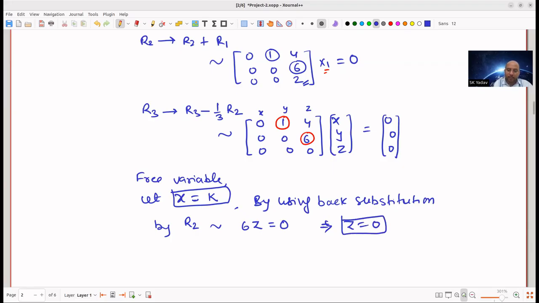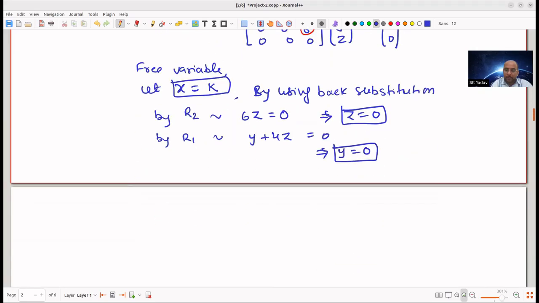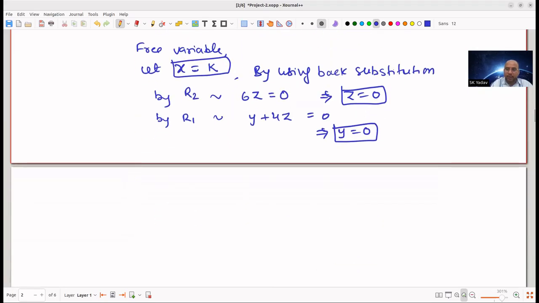Similarly, by row 1, what I got is 0 times x plus 1 times y, so y plus 4z equal to 0, which will give you, because z is 0 here, y also 0.